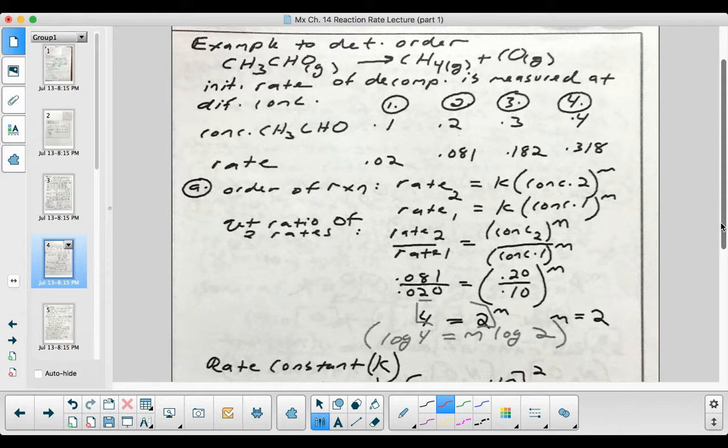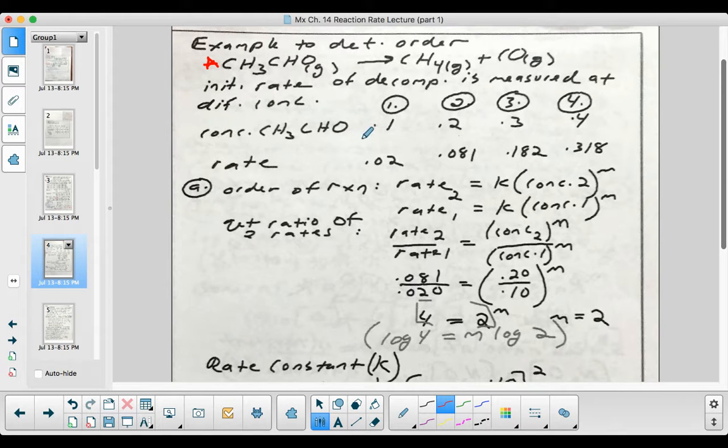We'll only have reactions that have 2 reactants in our studies, so you'll only ever be solving for M and N. So if I have this decomposition reaction, as you see here, and the rate of decomposition is measured at different concentrations.